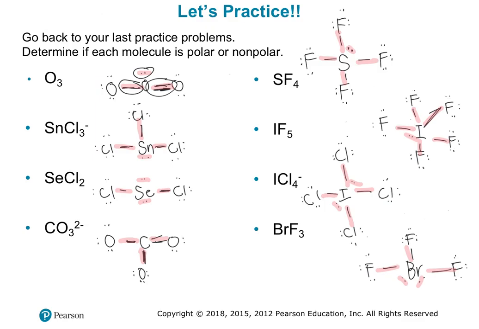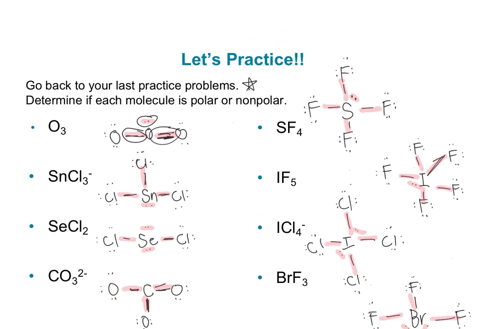All right, so for this one, we need to go back to our last practice problem. So I want you to scooch back. I also just put them here. Because we need to see the Lewis structure and look at the shape to consider if it is polar or nonpolar. If you remember, ozone was trigonal planar bent.